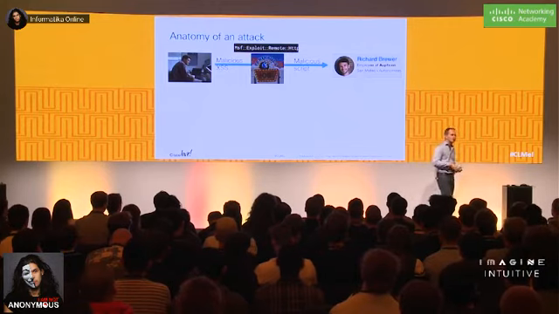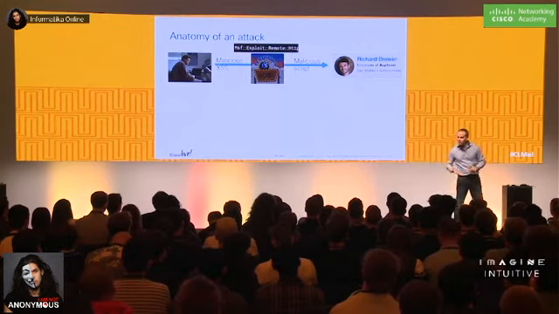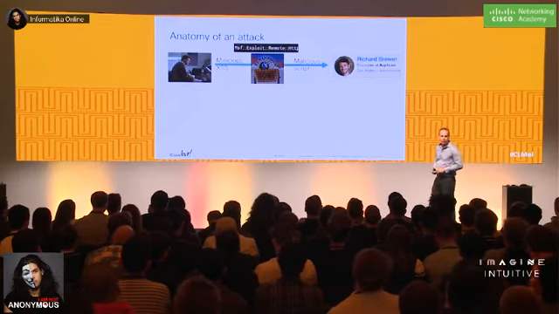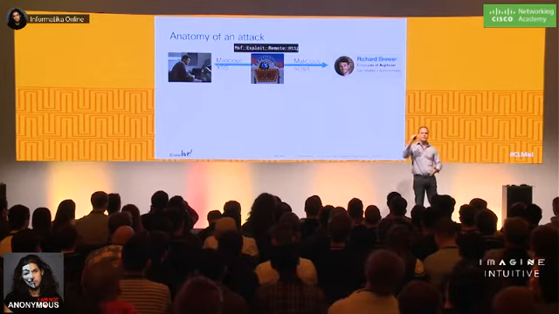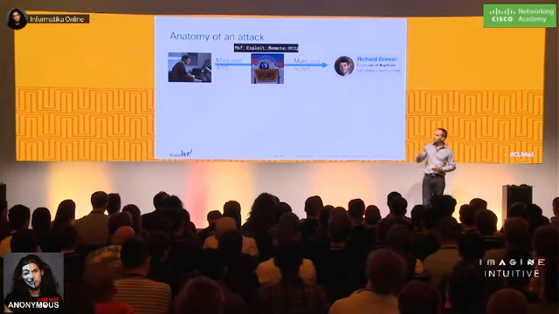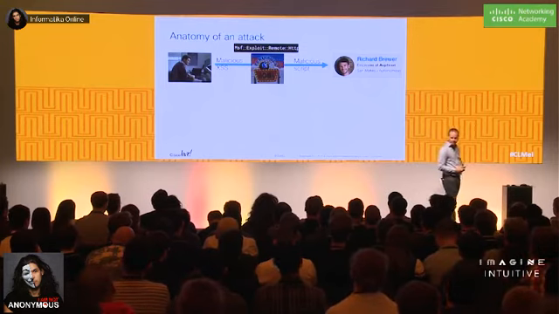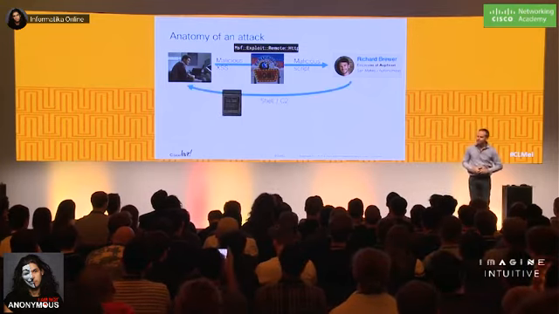This person, Richard, is using his corporate laptop, and he's a member of a bowling club, and so he was logging on to check where they're sitting in the league.